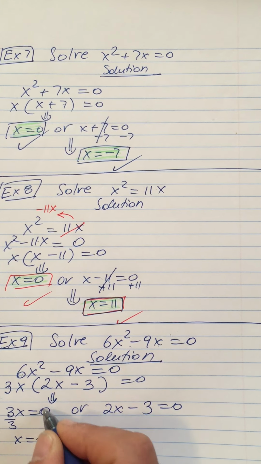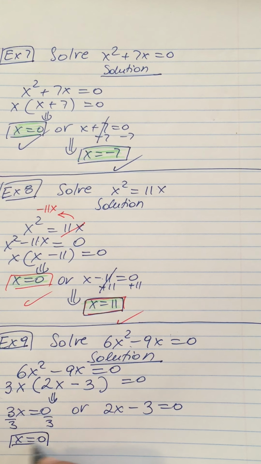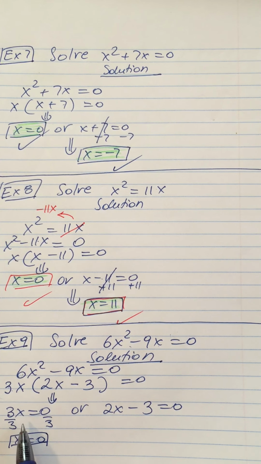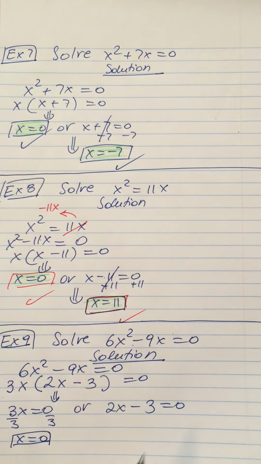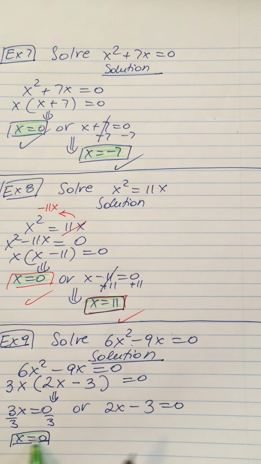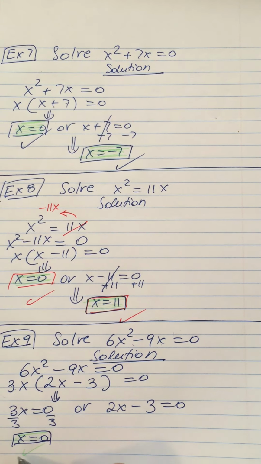X is 0 because 0 divided by 3 is 0. Now, we are using the 0 property. We know that x must be 0 because 3 is not 0. So how does a product become 0? If one of the factors is 0. So x is 0. But doesn't matter. You can continue slowly. So one solution.